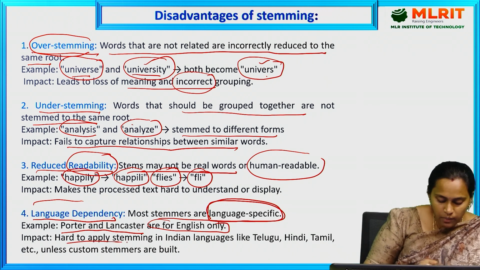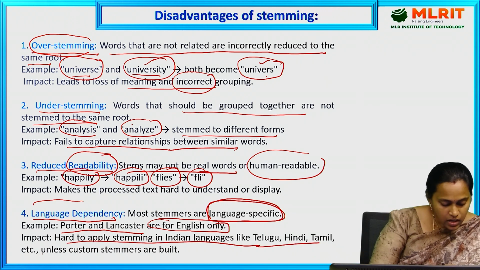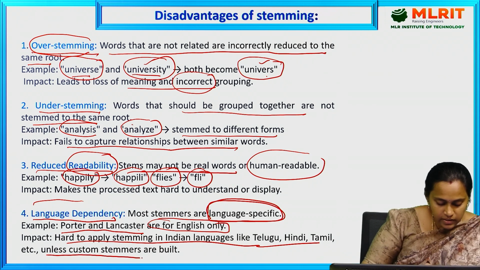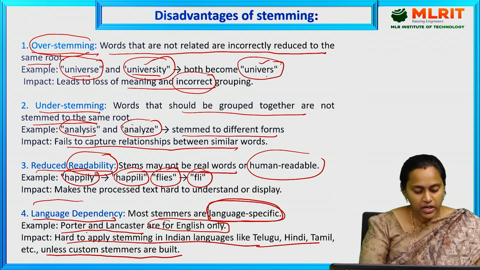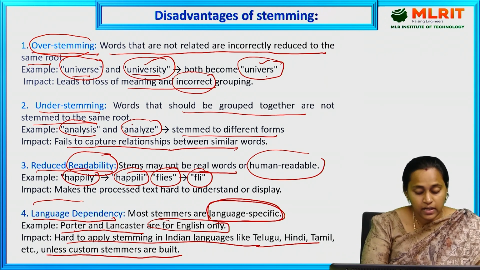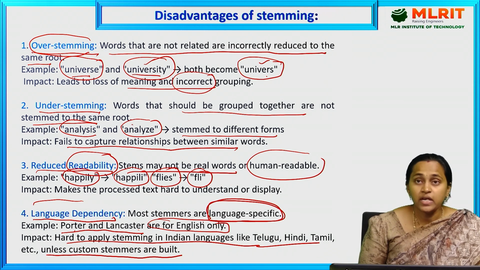It is hard to apply stemming to languages like Telugu, Hindi, Tamil, etc., unless custom stemmers are built. So they will not support other languages, and it is hard to apply them to other Indian languages.